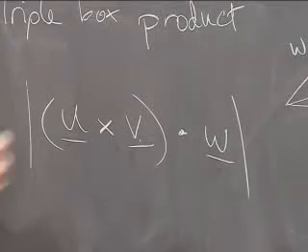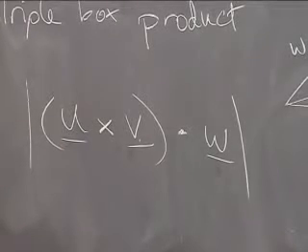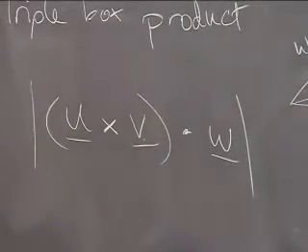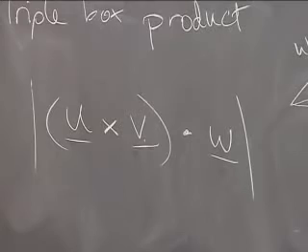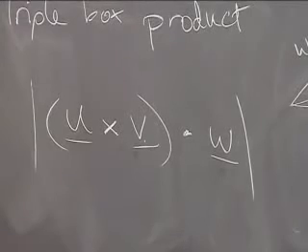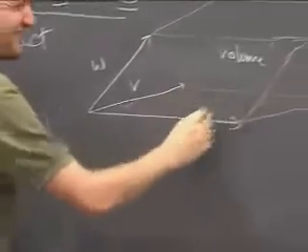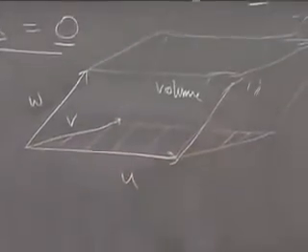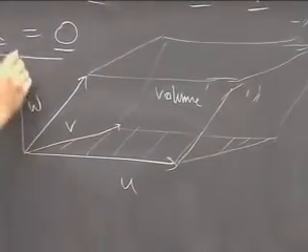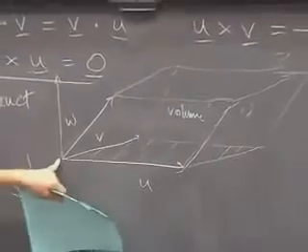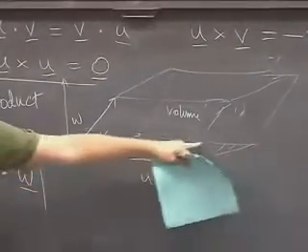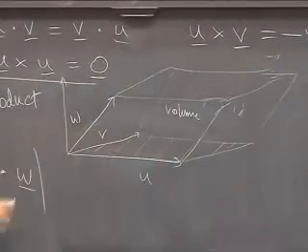All right. So U cross V dot W is the triple box product. Now, I claim that actually gives me the volume that I'm looking for. The reason is that U cross V as a vector is some vector that is normal to this. So it's sticking up, and it has length exactly the area of this.